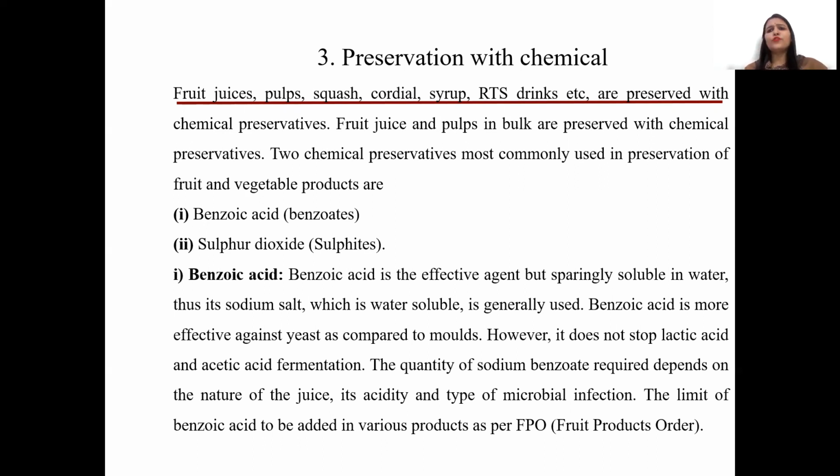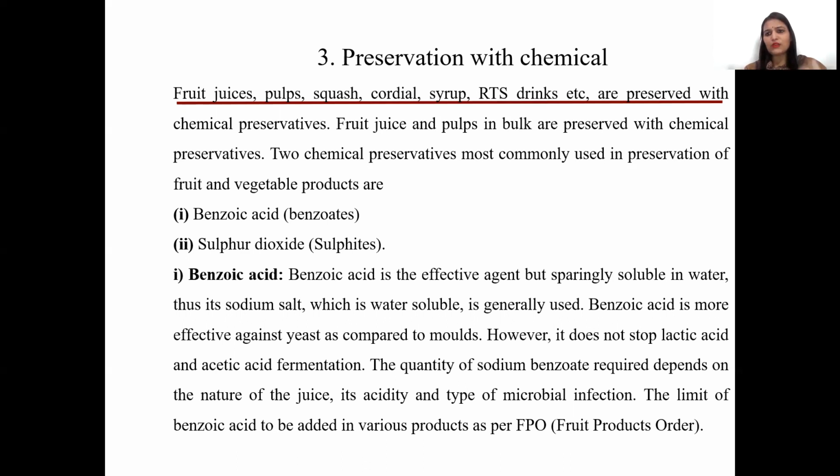Only 0.84 part of benzoic acid is soluble in 100 parts of water. But one part of sodium benzoate is solubilized in 1.8 parts of water.